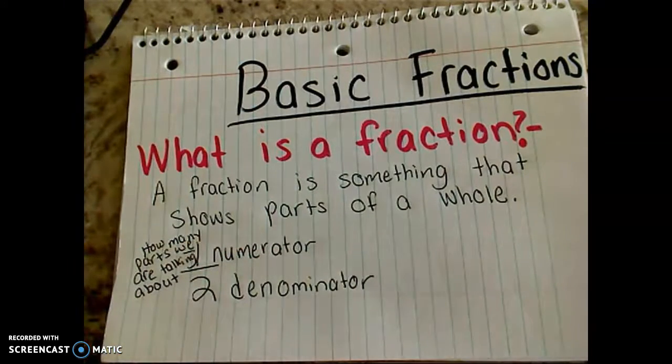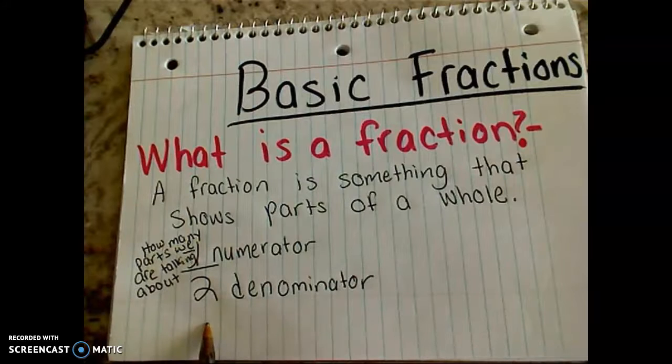For example, if I have a pizza and the pizza has 6 slices and 2 slices are gone, and I ask you how many slices of the pizza have been eaten, we know that's going to be 2/6. So the part that we're talking about that has been eaten already is going to be 2.